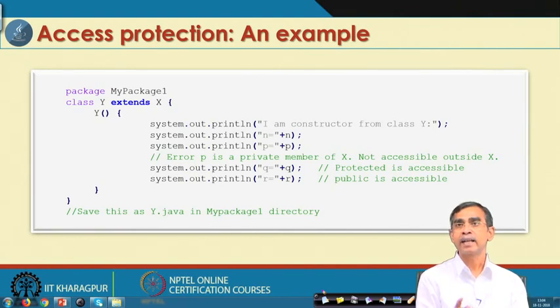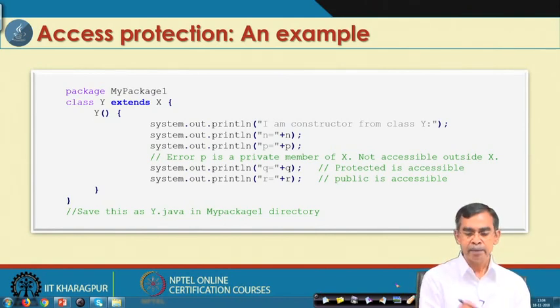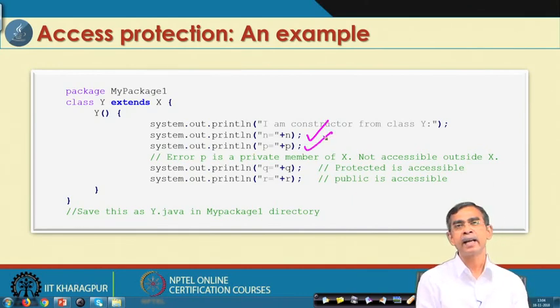And as this class Y belongs to the same directory as the class X, the default member N is also accessible. So, this statement is okay because it is default access in the same package.